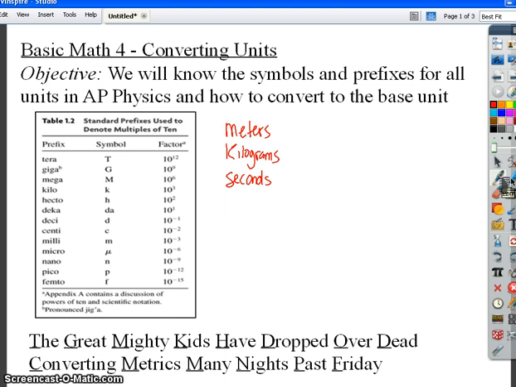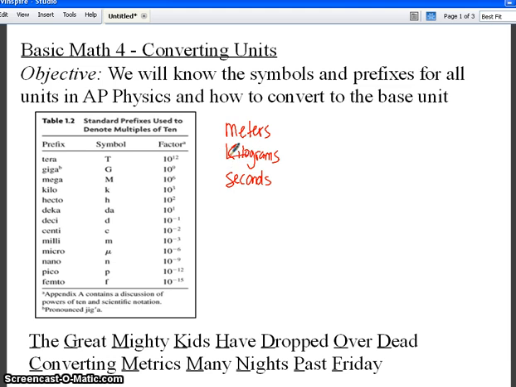But in front of all of these units, we might have a prefix. Like we have kilograms here. Like we might have a centimeter. You've probably heard of this. That's something very basic. We might have a micrometer, a microsecond, or a nanosecond.